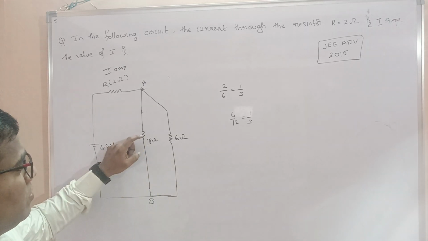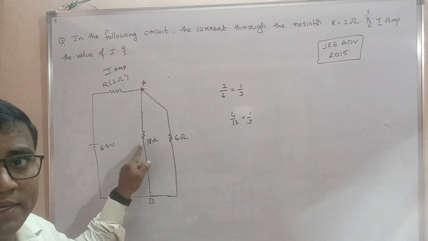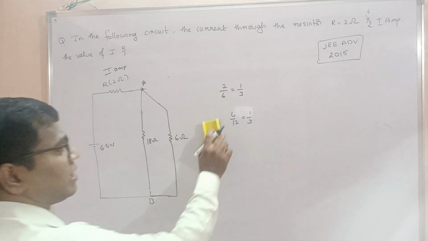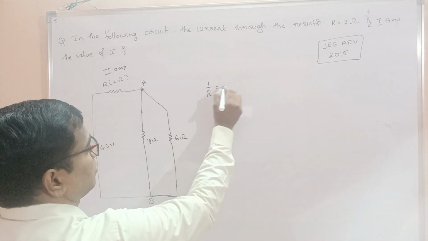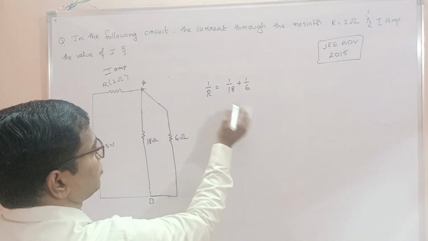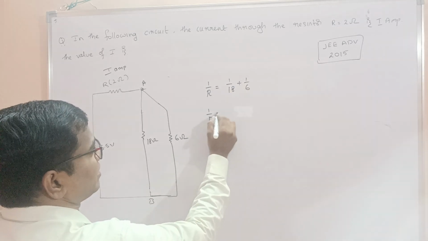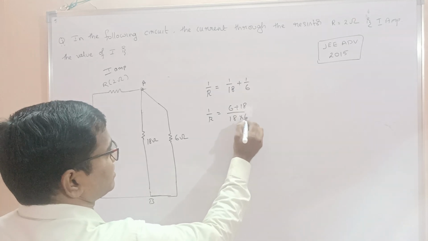Now this 18 ohm and 6 ohm are connected in parallel. So we will apply the parallel formula. See, 1 by R is equal to 1 by R1 plus 1 by R2. So we will write 1 by R can be written as 6 plus 18 by 18 into 6.